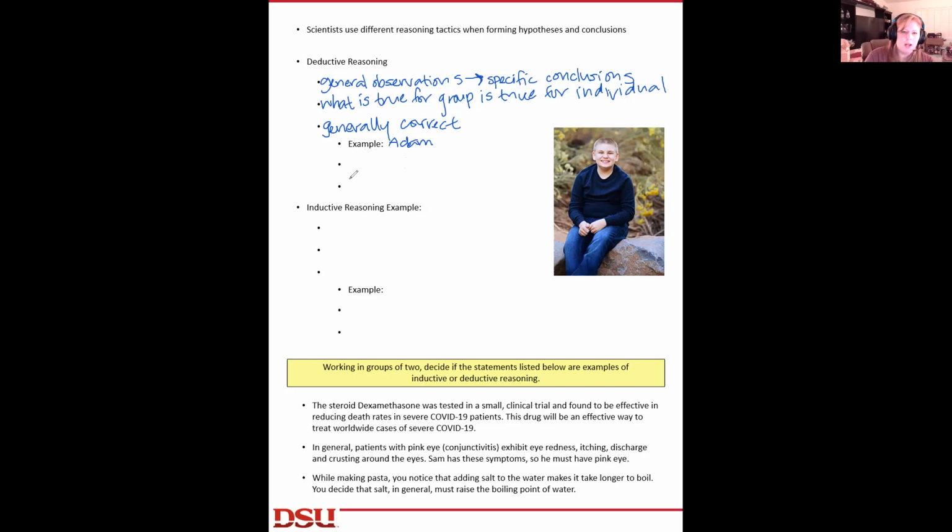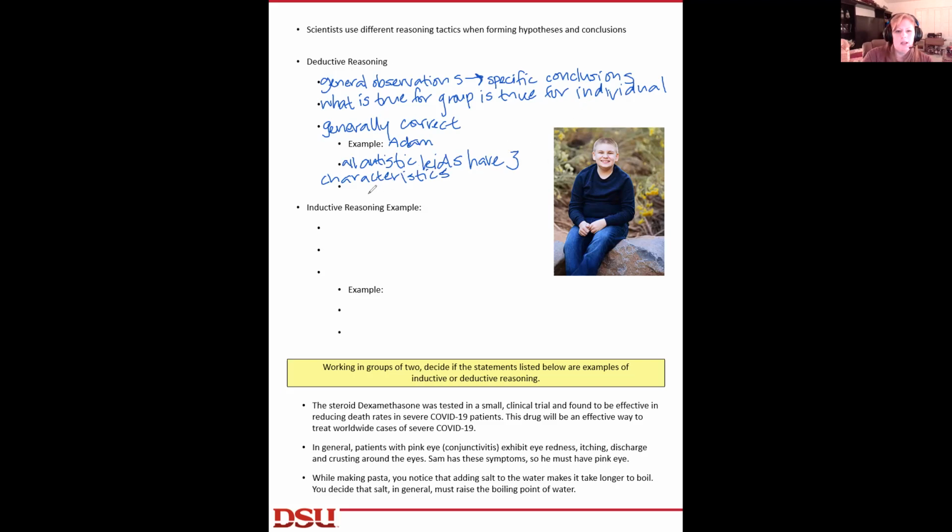We take into account Adam. What we look at first is the general knowledge that all autistic kids have 3 characteristics. Okay, and those 3 characteristics, by the way, are difficulty in socializing, repetitive behaviors, and narrow interests.